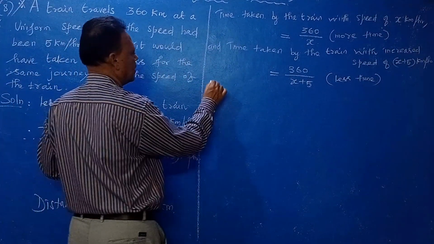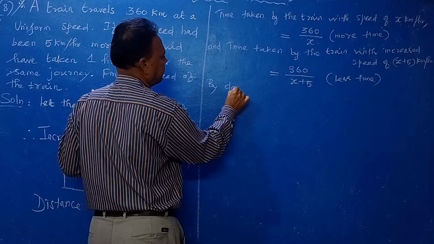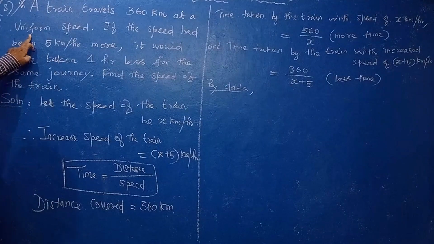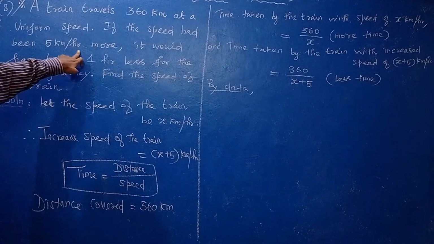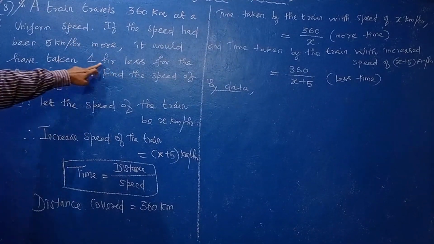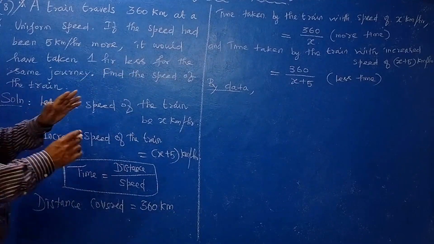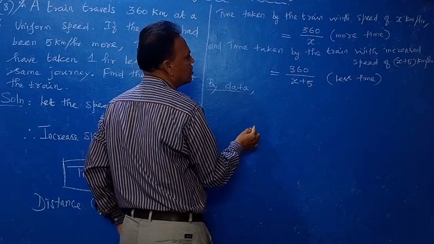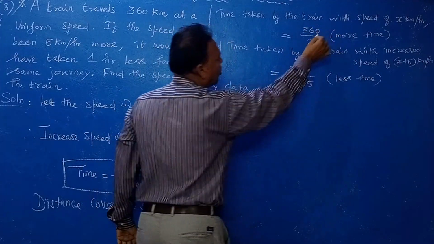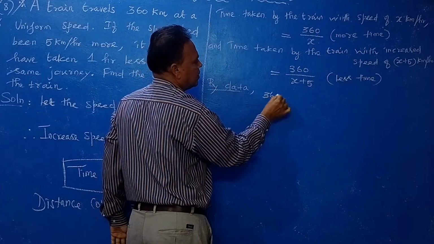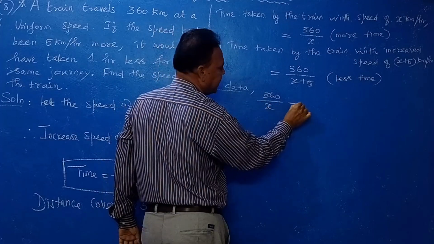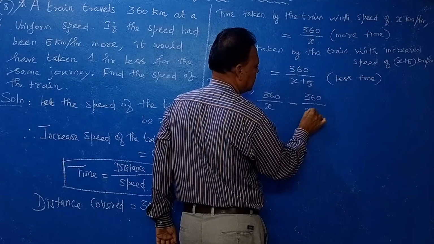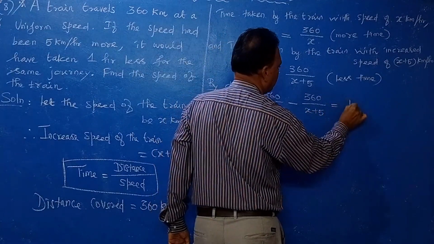Now by the data you see, if the speed had been 5 km per hour more, it would have taken 1 hour less. That means the time difference is given, 1 hour. So first you write the more time, minus the less time, is equal to 1 hour.